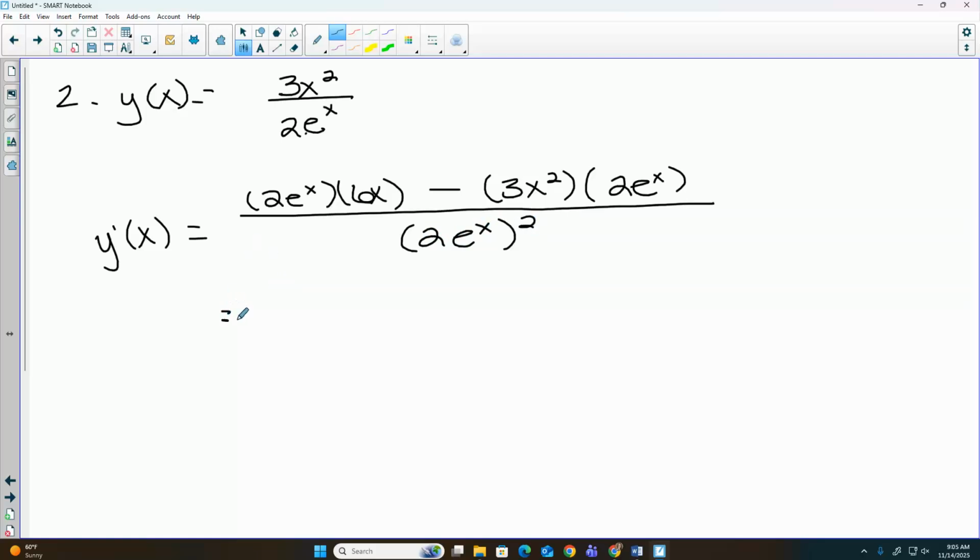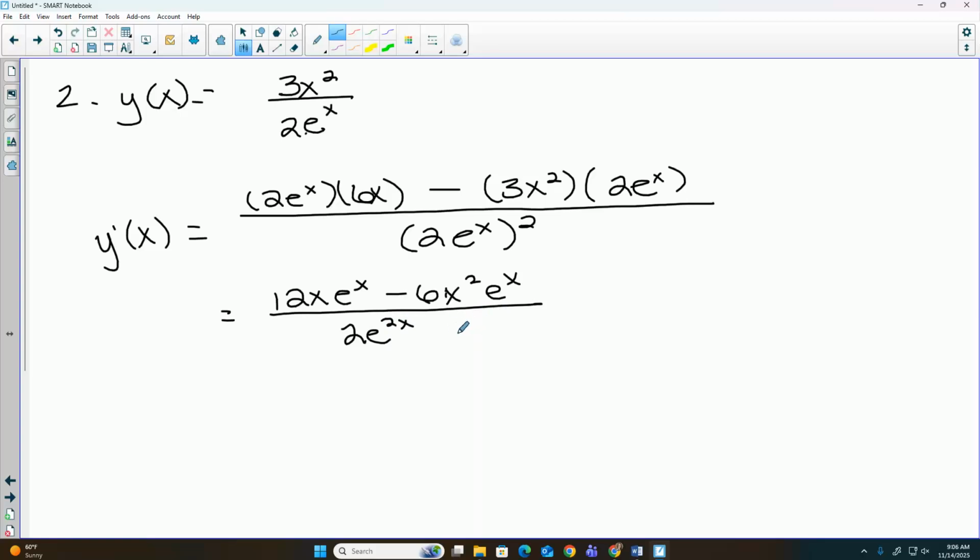So now if we multiply, we get 12x e to the x minus 6x squared e to the x over 2e to the 2x.